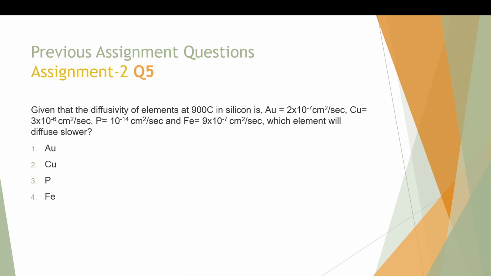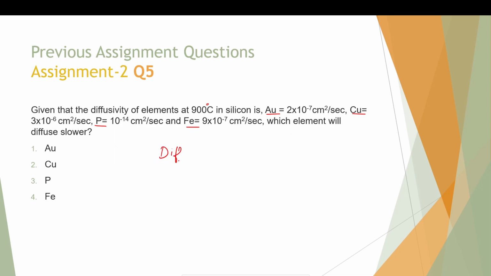So they are asking, given that the diffusivity of elements at 900 degrees Celsius in silicon is this. They have given diffusivity for gold, copper, phosphorus and iron, and we are asked to tell which element will diffuse slower. For that we need to understand what diffusivity is.